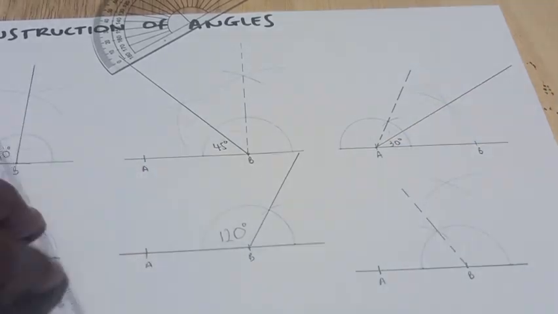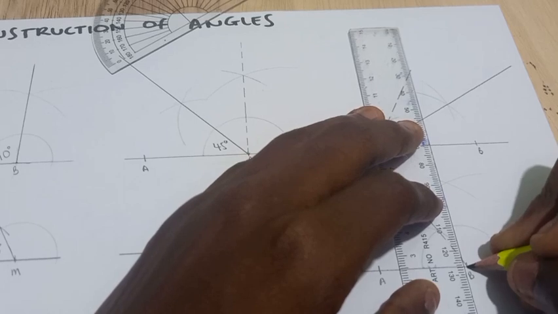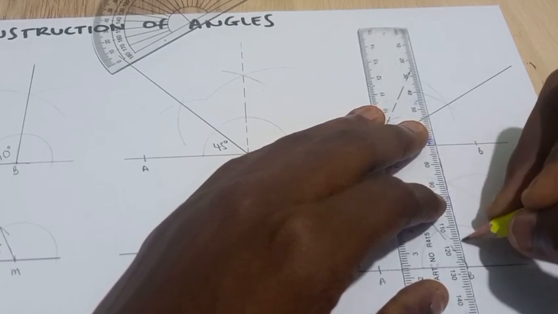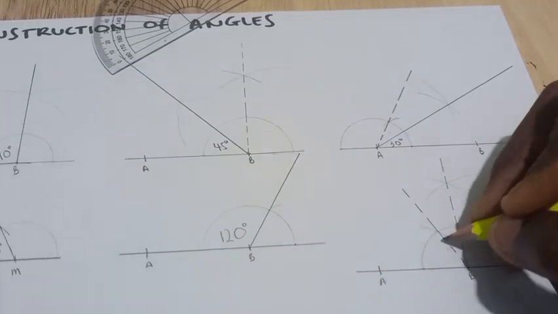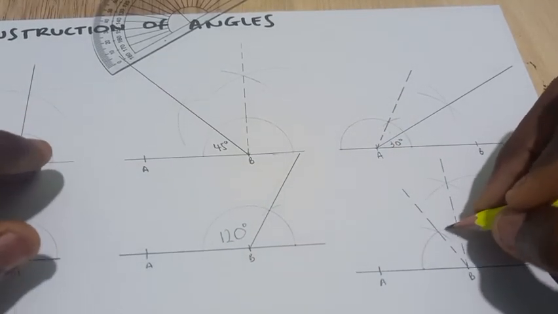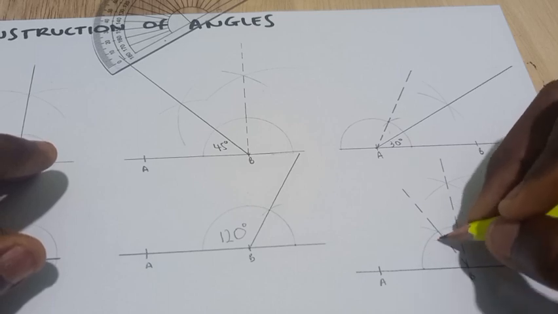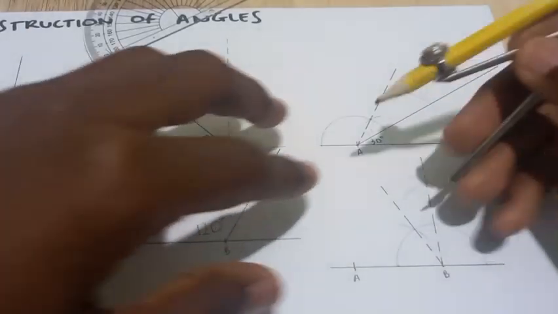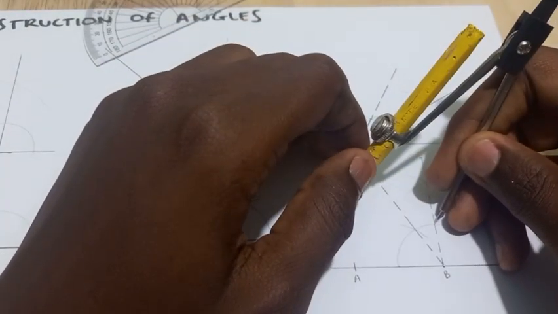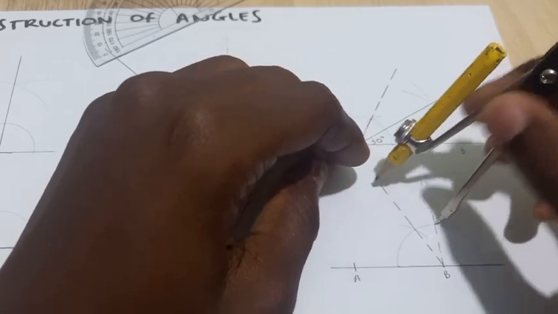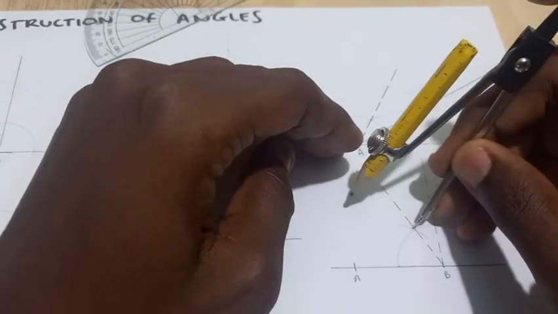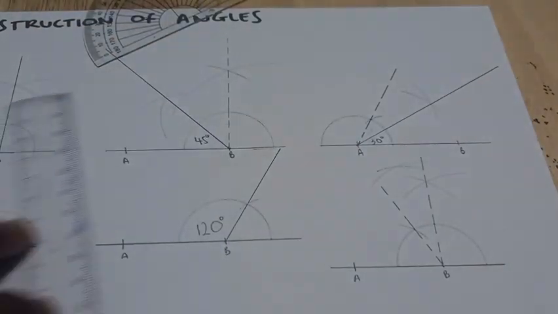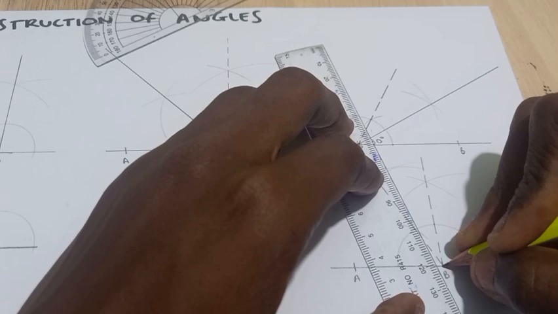The same from B, short dashes, because we are after angle 75. Note that this angle here is 30 because we have 60, and 60 plus 30 will give you 90 degrees. We're about to bisect this angle here. So any radius, we arc the same radius at 60. We arc. The intersection will give us the angle 75 degrees.